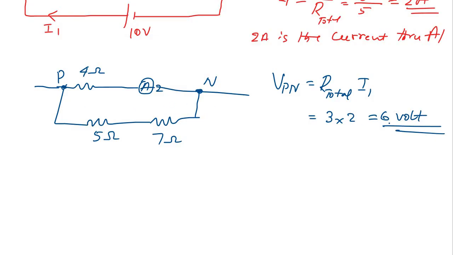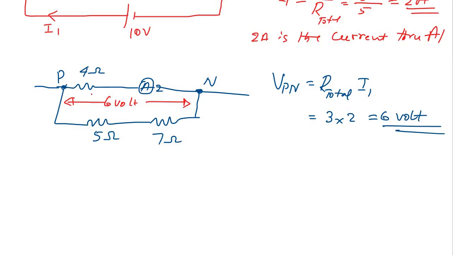We got the potential difference. The potential difference of 6 volt is applicable both for the upper branch of this parallel circuit as well as the bottom branch.